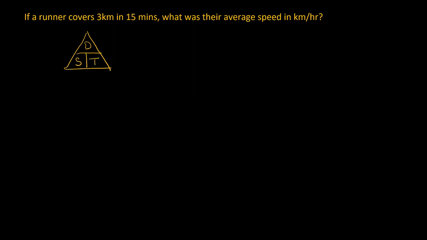So how do we use this to help us write down the formula? We cover up the one that we're looking for, which in this case is the speed. I'm shading it because I can't cover it for you. And so that tells us that the speed is equal to the distance over the time.